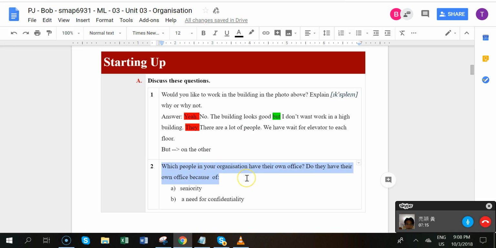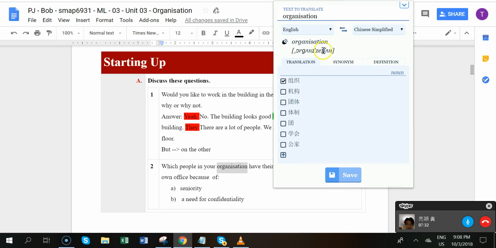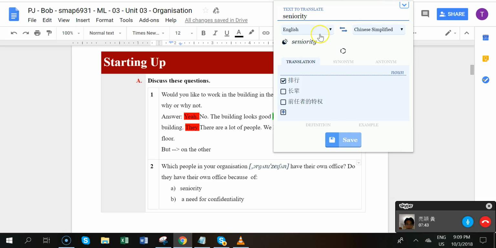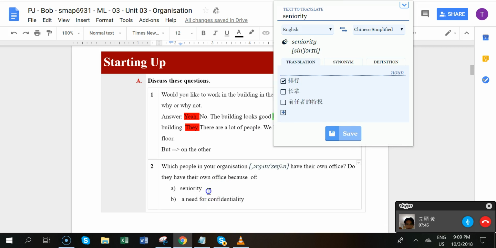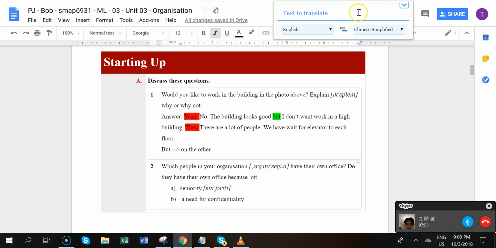Can you read? Which people in your organization have their own office? Do they have their own office because of seniority? Okay, seniority. That is read as seniority. Can you say it again? Seniority. Okay, you know what is that?